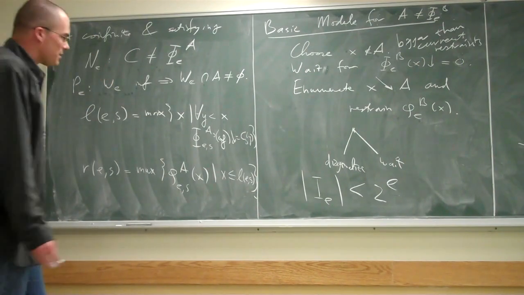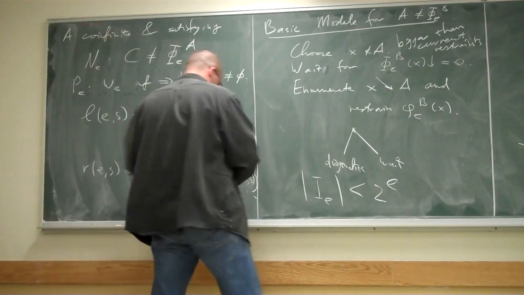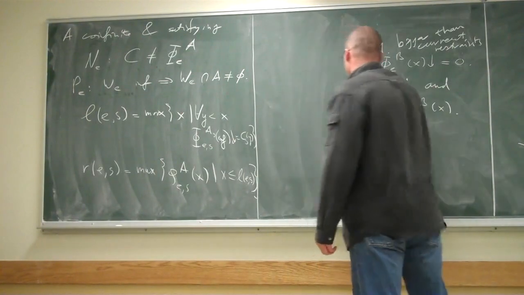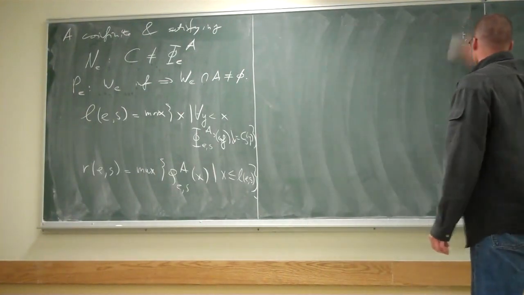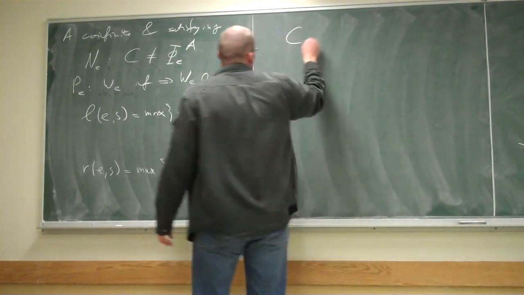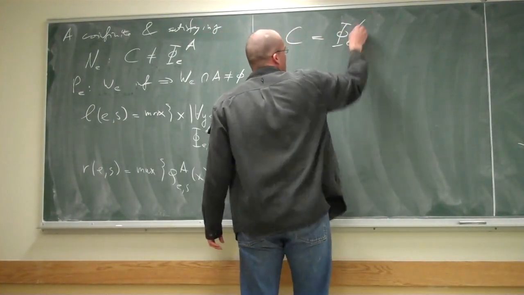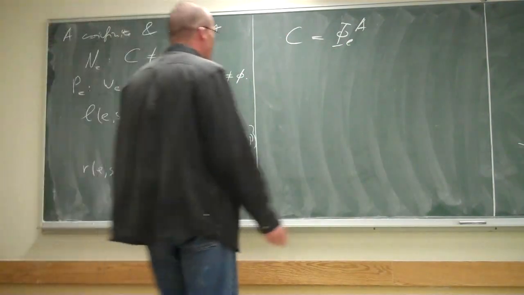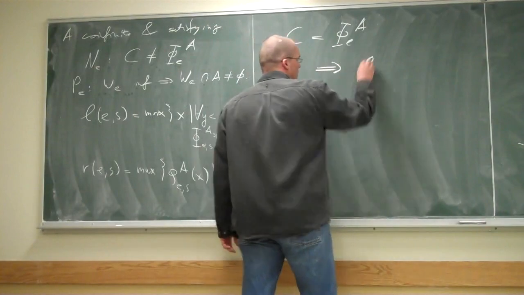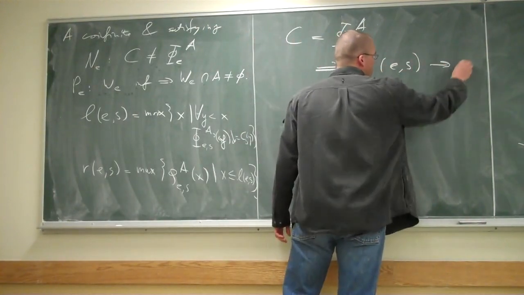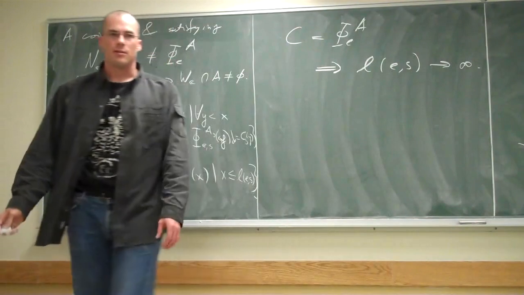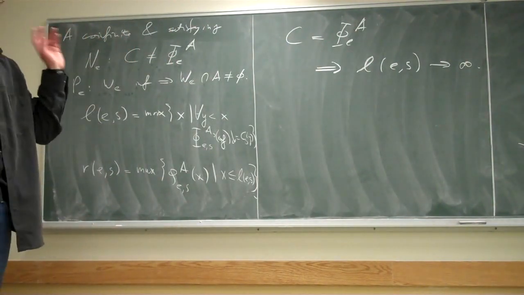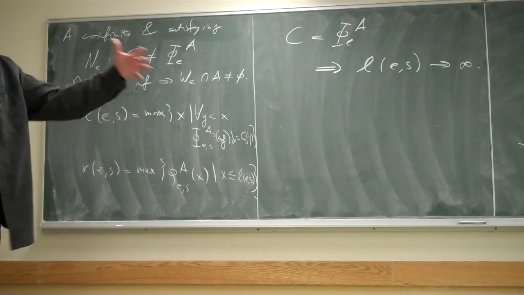Because what happens, if C is equal to phi E of A, what follows from this? In particular, it follows that the length of agreement goes to infinity. Because both A and C are CE sets, so they have these increasing enumerations.